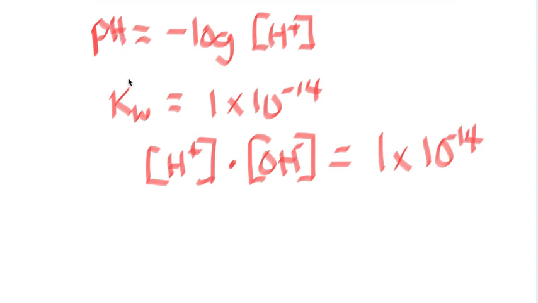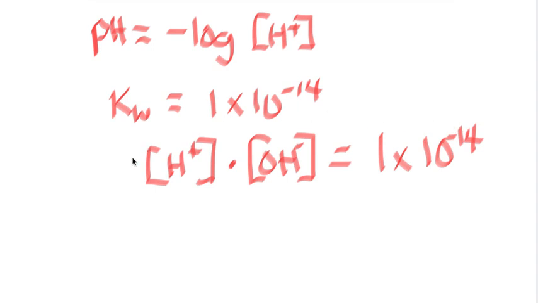You also learned that in aqueous solutions, or in water, the ionization constant is 1 times 10 to the negative 14th, which means if you take the hydrogen ion concentration times the hydroxide ion concentration, you will get 1 times 10 to the negative 14th.